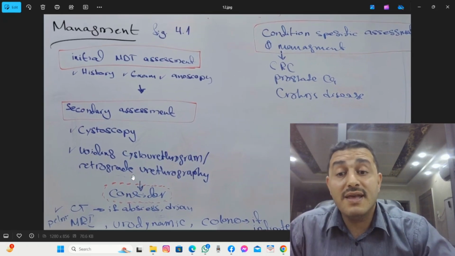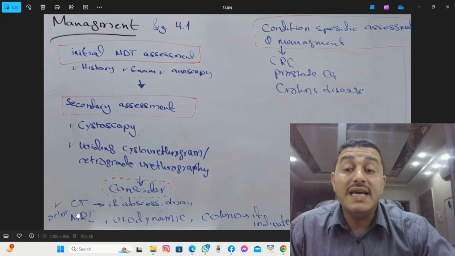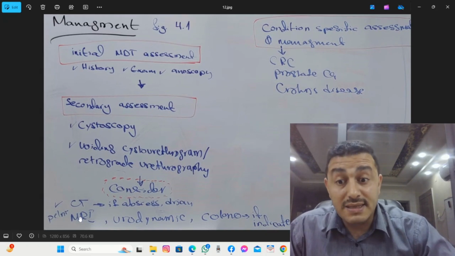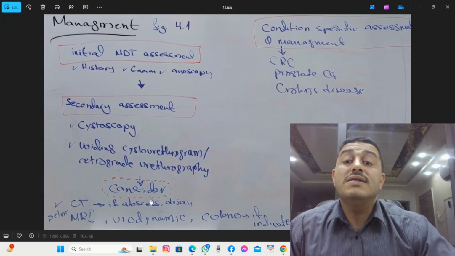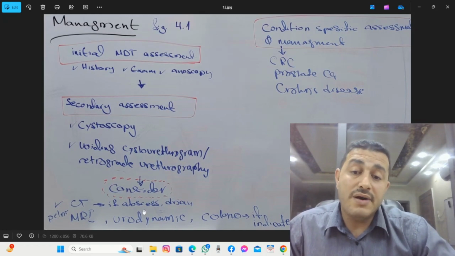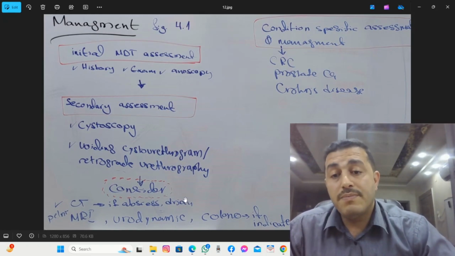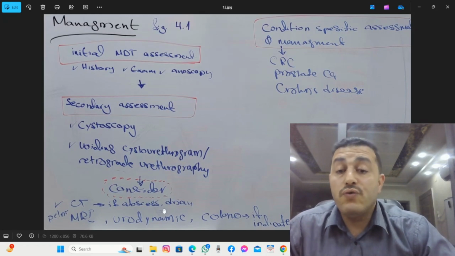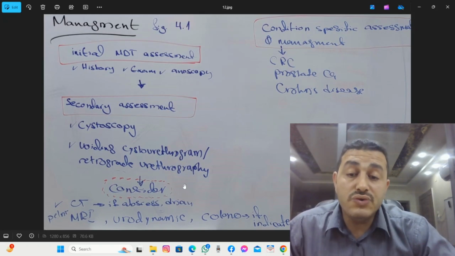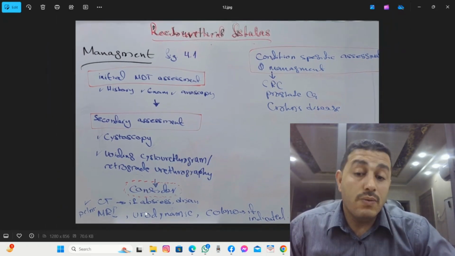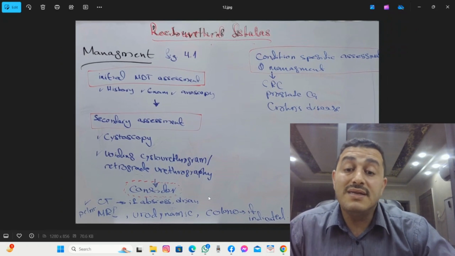We said that CT and MRI are not mandatory, but consider them if we have not enough information from the previously mentioned, or if we have an abscess and are planning to put in a drain. We also need some urodynamic studies.